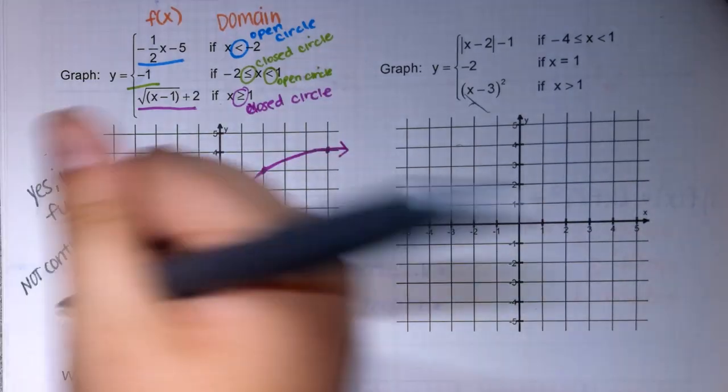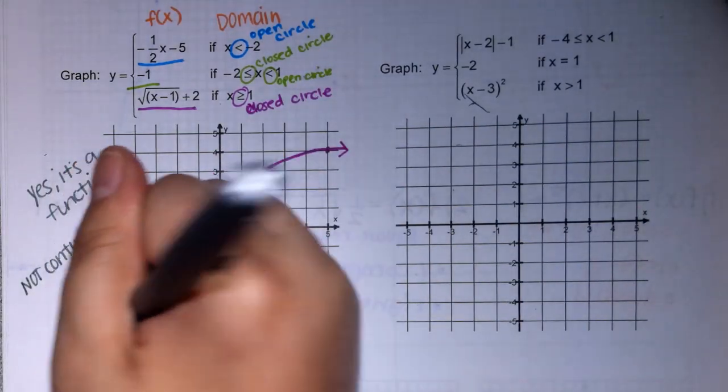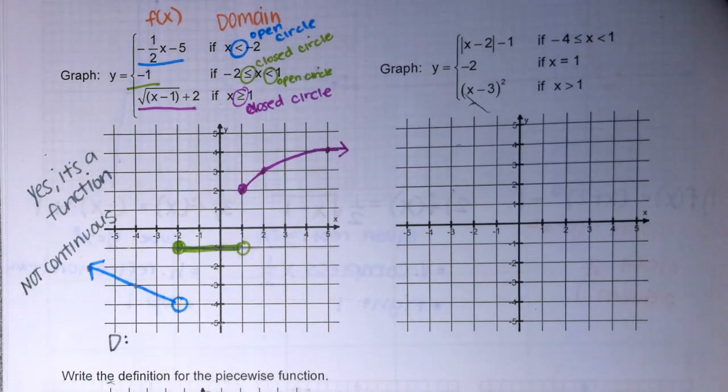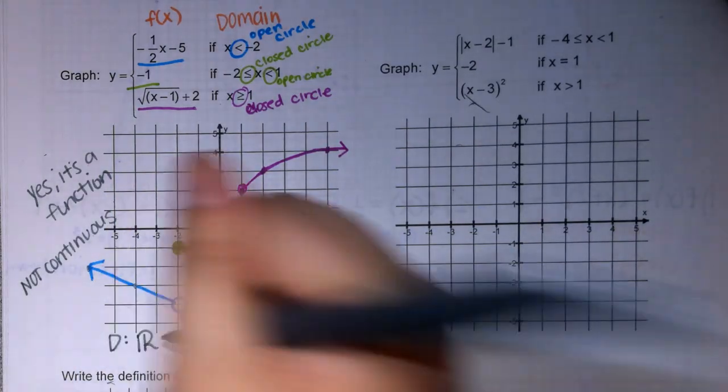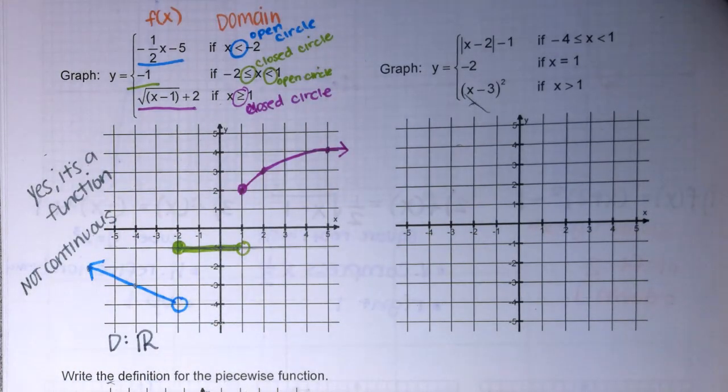What about my domain? What is the domain of this graph? Louder? Louder. It's all real numbers. Why is it all real numbers?